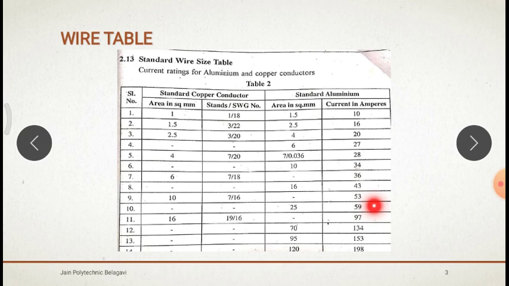Either you can go for 59 or you can go for 43. We'll take 43 because we are already taking a factor of safety of 3 extra. So we will take the 43 amps only, because our actual current is 17.47. But since we are taking extra, we will take a little bit less. So 16 square mm, which is the nearest lesser value, we are taking here.